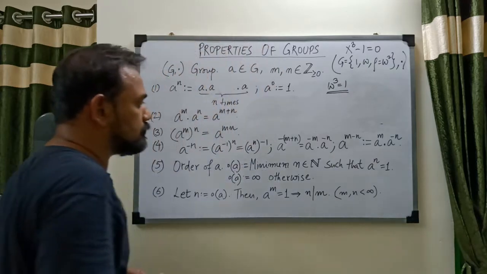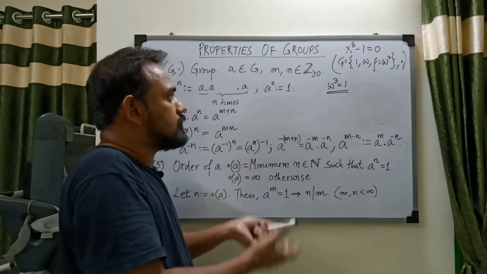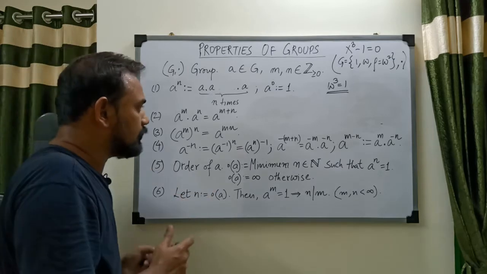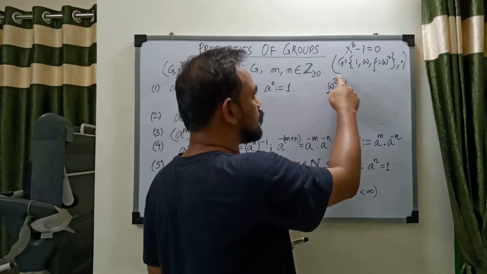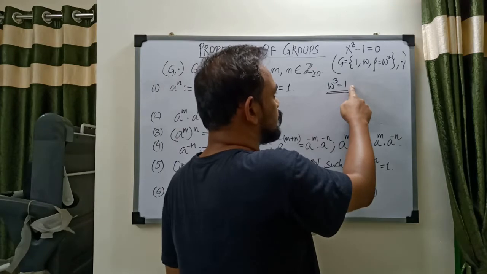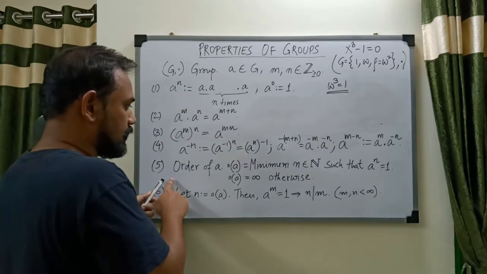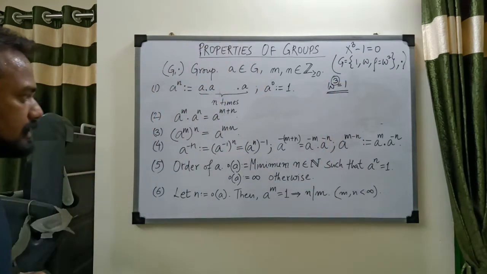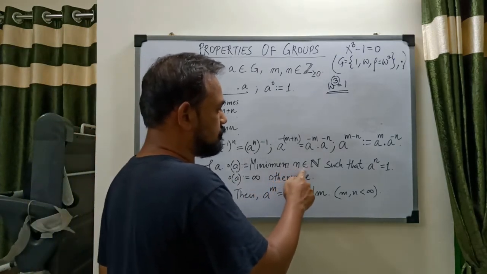Okay. So from that, we can use this idea to define, again, the thing that we're doing constantly, and you have to keep that in mind, is that we're taking examples and generalizing those concepts in this theory. So since we have a case like this where an element is raised to some non-negative integer, and it returns you the identity element, we give it a name, we call this the order of A. In other words, it's the minimum non-negative integer.